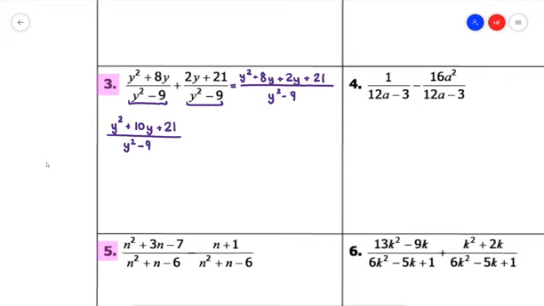And now we need to simplify. So I'm going to factor both the top and the bottom. So we need two numbers that multiply to 21 but add to 10. And they're 7 and 3. And then y squared minus 9 is a difference of squares, because 9 is a perfect square.